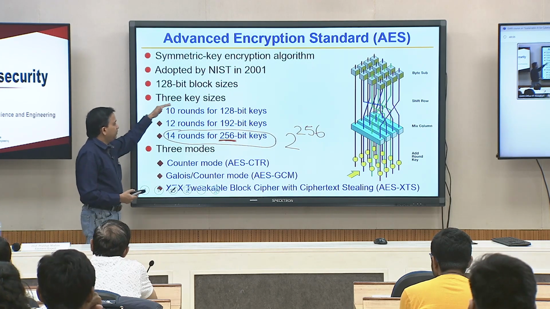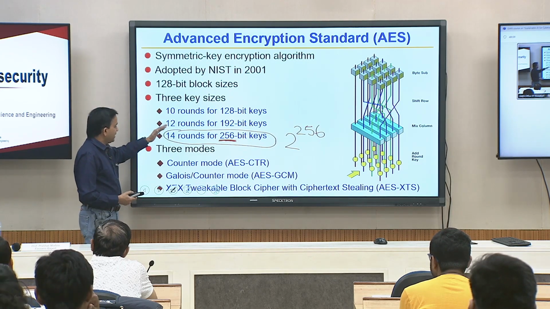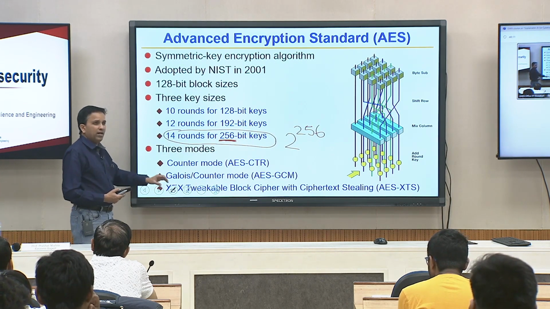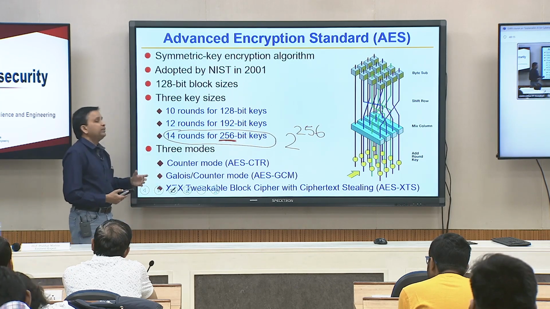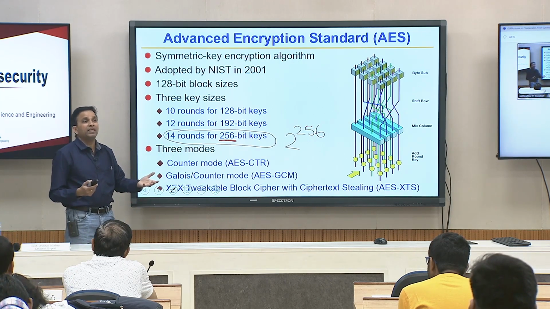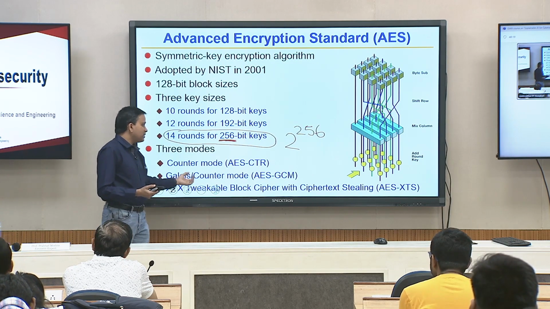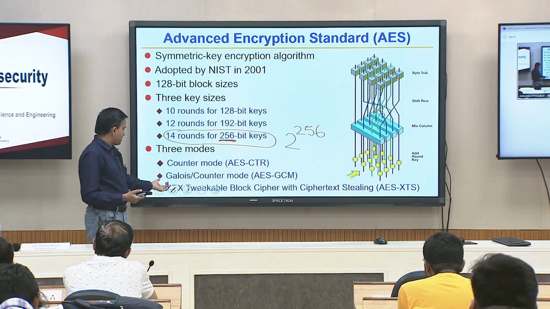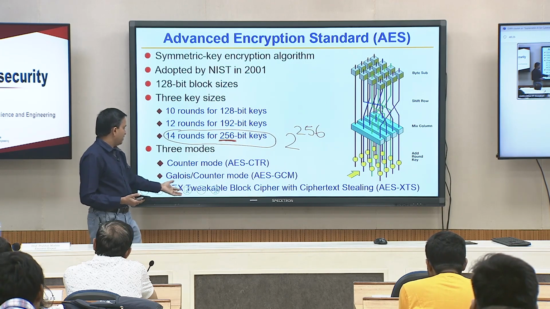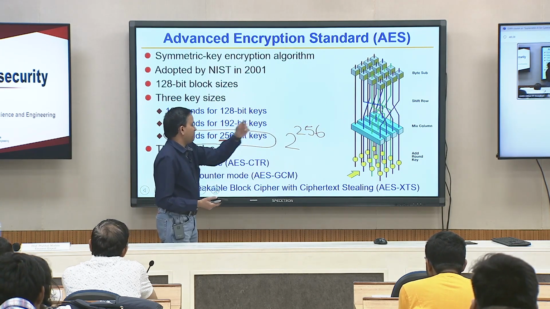Now, in addition to supporting different key sizes, AES also supports different modes. I will zoom into a little bit of that. One is counter mode, which is the easiest one. Then the Galois counter mode, and finally, a big name, XEX tweakable block cipher with ciphertext stealing.